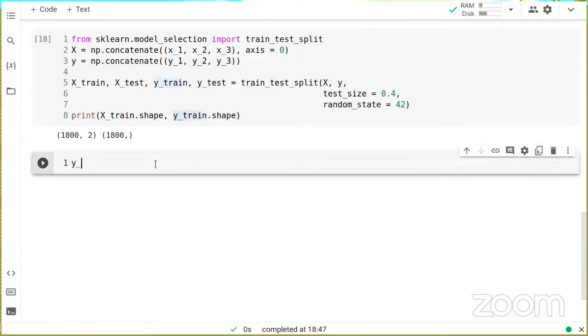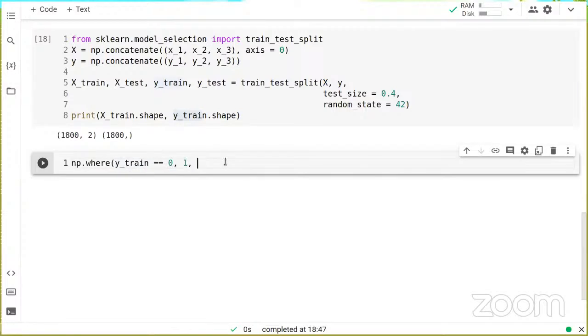If I give you y_train, you need to tell me how many points belong to class 0. How will you do this? Use np.where, y_train equal to 0.